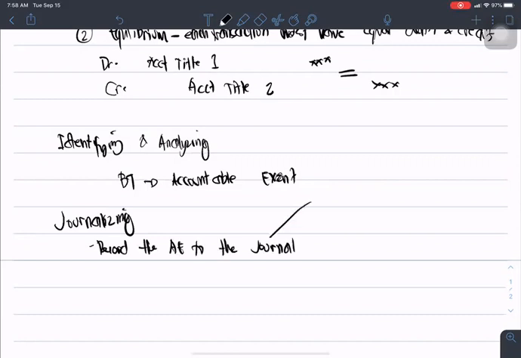And remember, when we say journal, we have your general journal and your special journal. And we said your general journal is used for all other transactions, while special journal is used only for specific transactions.